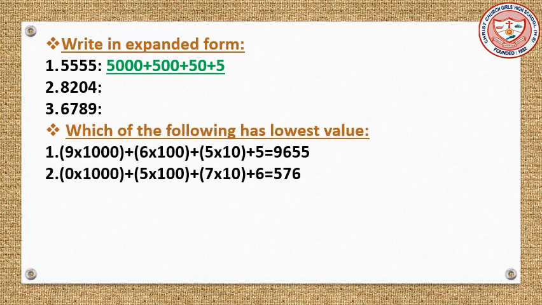Alright girls, now let's try which of the following has lowest value. Number 1. 9 into 1000 plus 6 into 100 plus 5 into 10 plus 5. Number 2. 0 into 1000 plus 5 into 100 plus 7 into 10 plus 6.